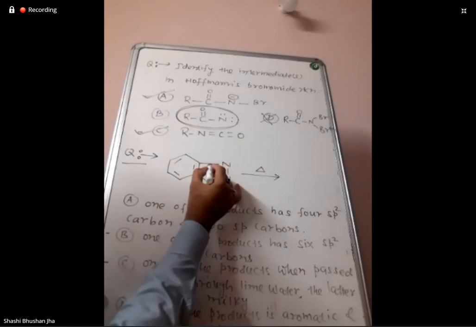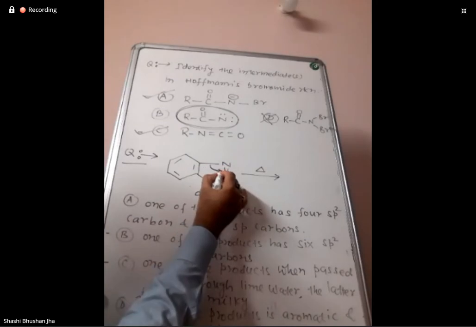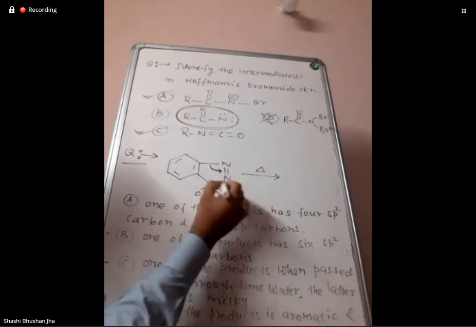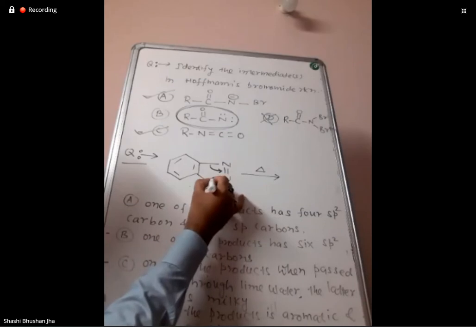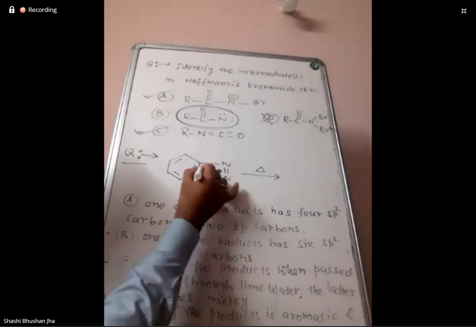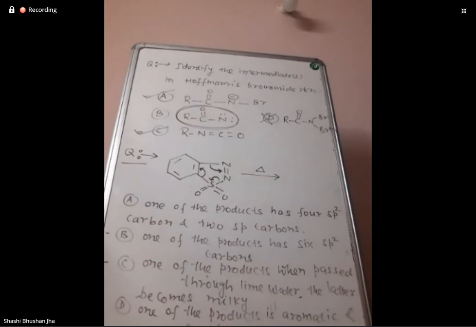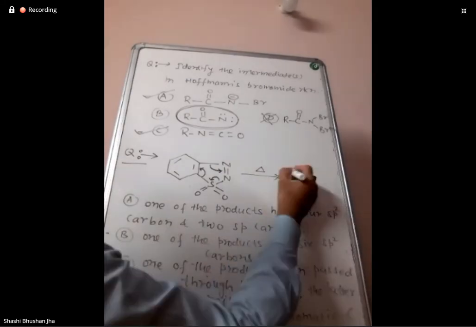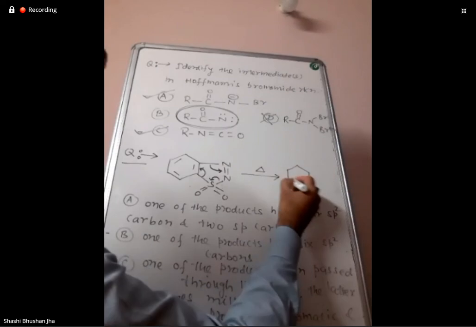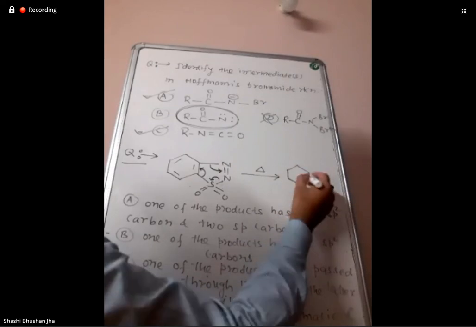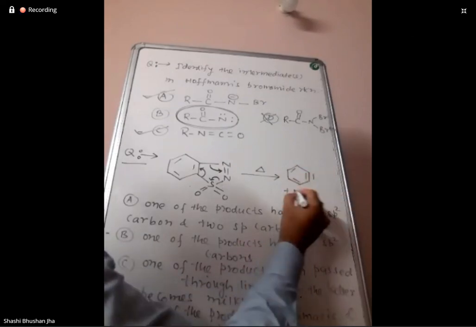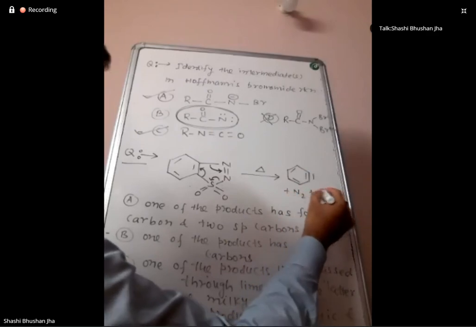So the mechanism will be something like this. So we get benzyne, nitrogen, and sulfur dioxide.